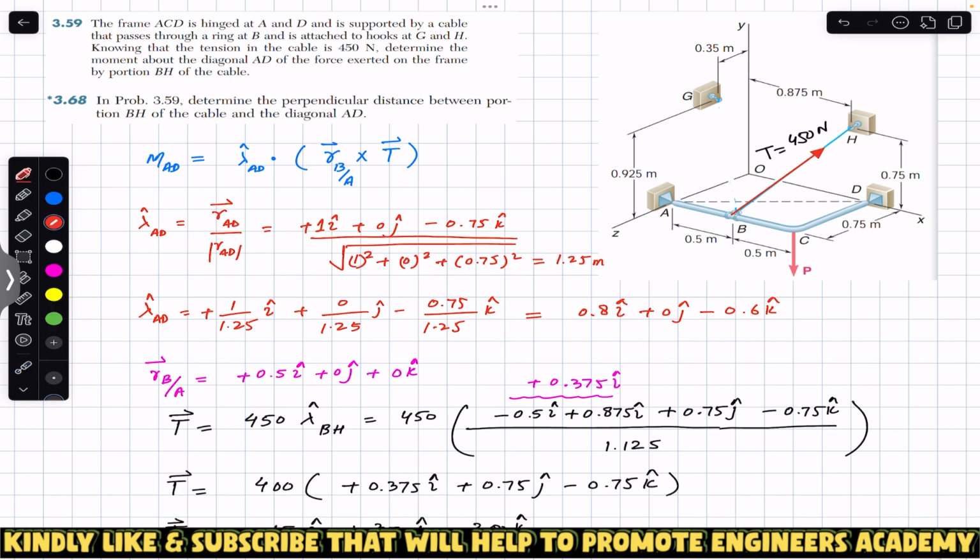That's the first method, but I'm going to use the second method, which is the scalar triple product. We can find the moment about A by using this cross product method, which will be R of B relative to A cross product with that tension vector.